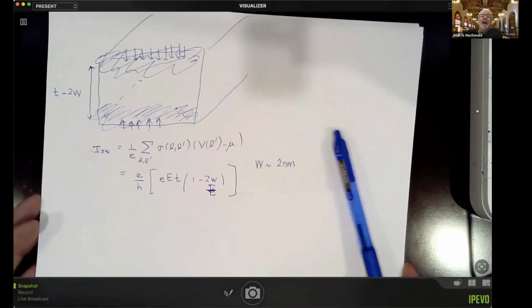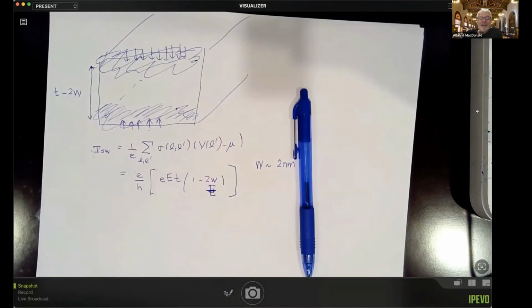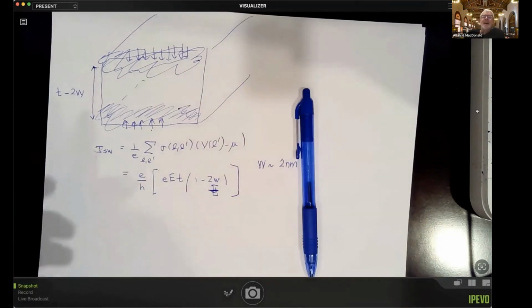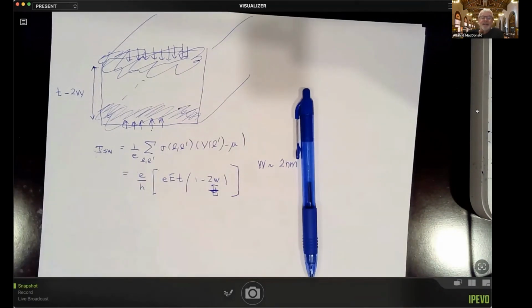But I do think that there probably are ways forward, and that it's useful to think about the quantum anomalous Hall effect and topological magnetoelectric effect as two sides of the same thing. So I'll stop there, Michael.